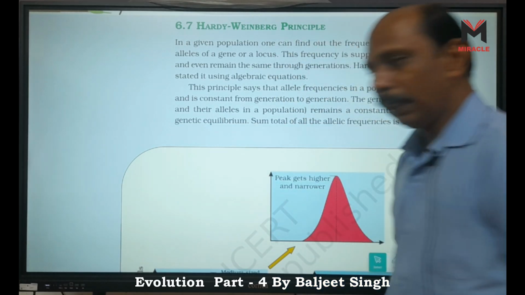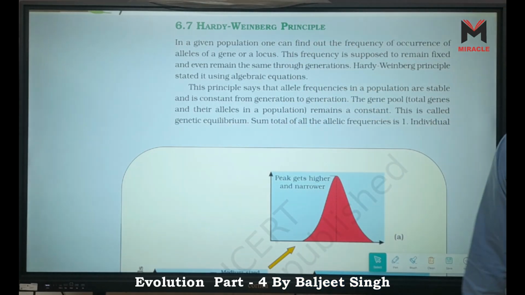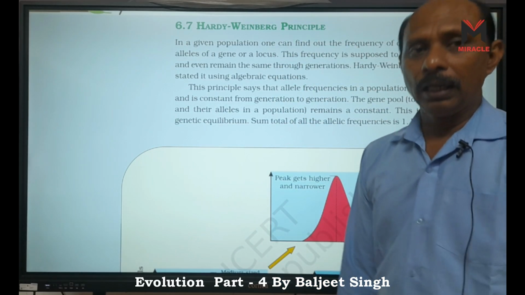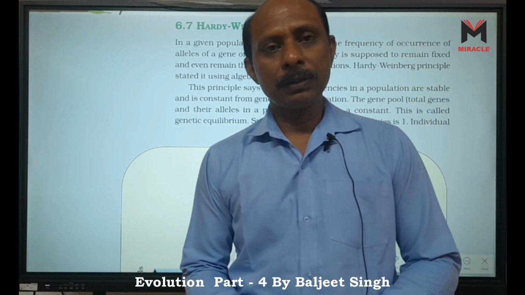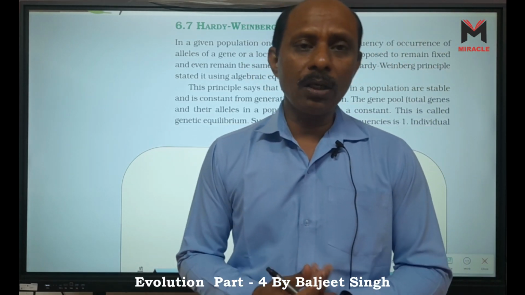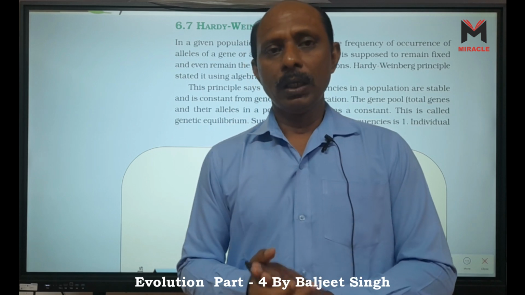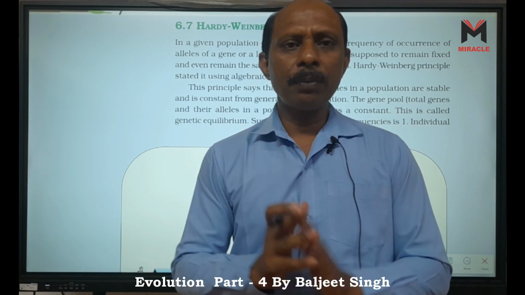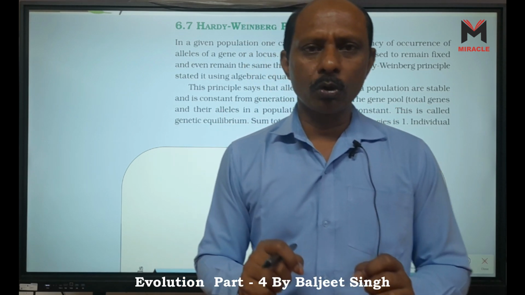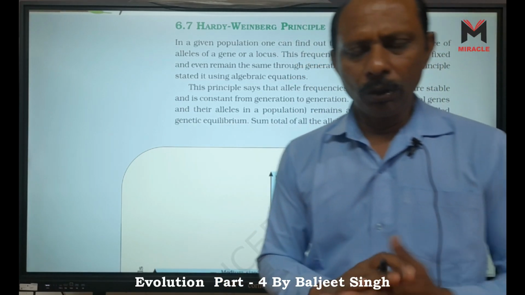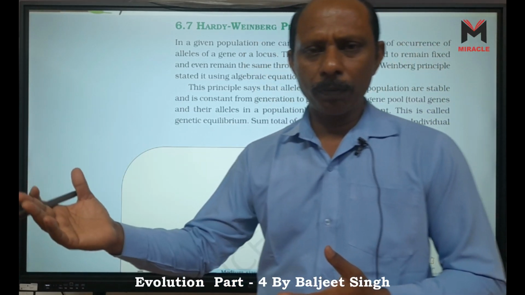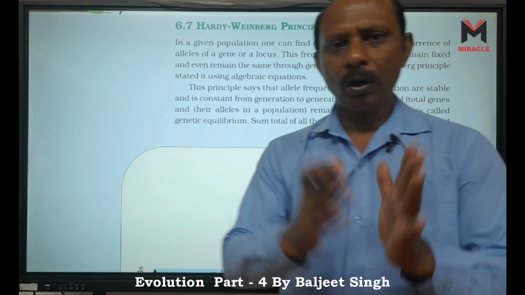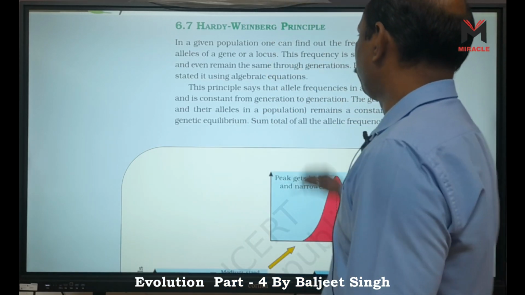Now first question is what is an allele? How do you define the allele? Alleles are the specific genes which are located at the same locus on homologous chromosomes. Homologous chromosomes, the first chromosome of mother and the first chromosome of father, are called homologous chromosomes, right? That is given.